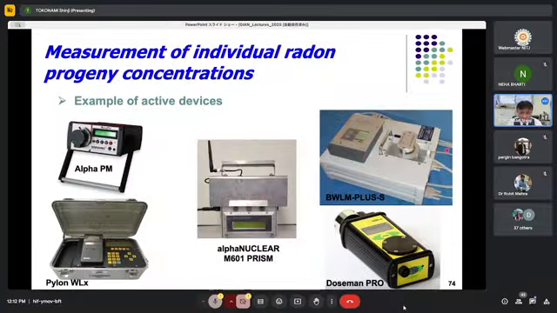This is a Tracerlab BWLM Plus S. Here's the Dosman Pro. All the monitors use the silicon semiconductor detector.